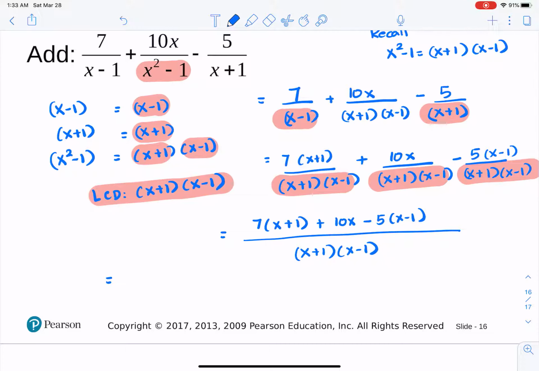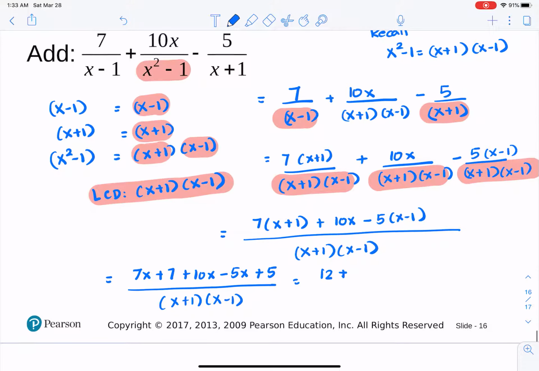We distribute and simplify. 7x plus 7 plus 10x, negative 5x, negative 5 times negative 1 is positive 5, divided by x plus 1 times x minus 1. 7 plus 5 is 12. 7x plus 10x is 17x. 17x minus 5x is 12x, divided by x plus 1 times x minus 1.